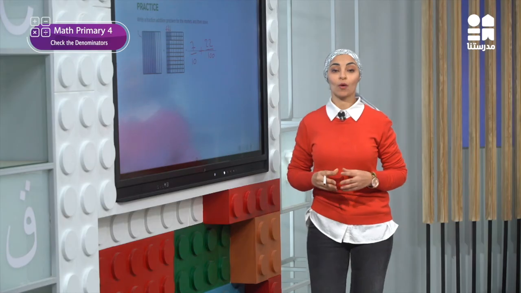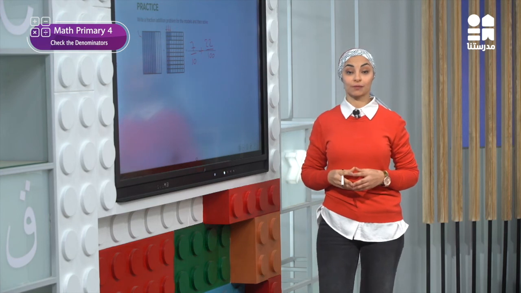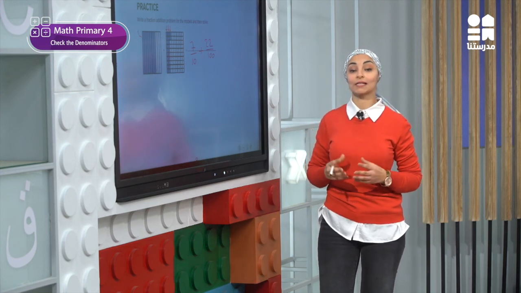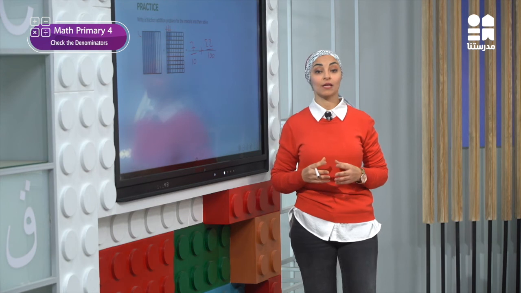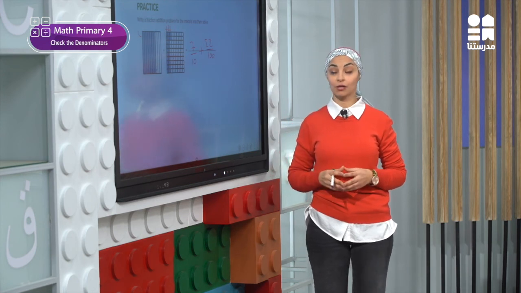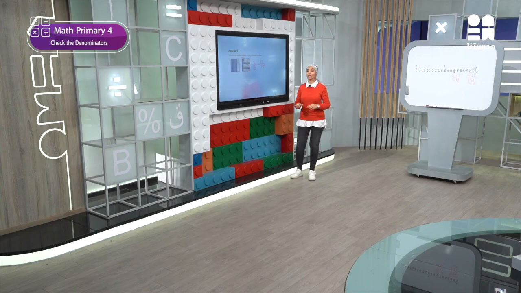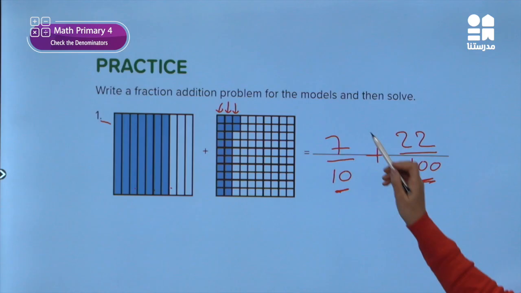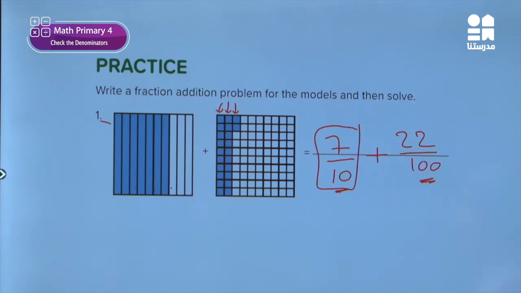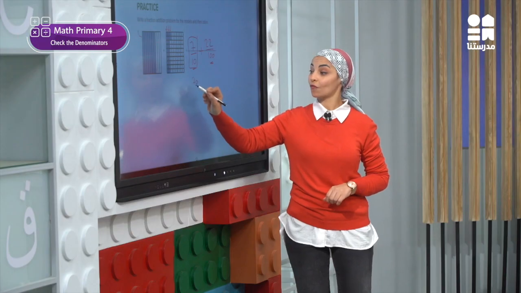Now how can I add these two fractions? Okay, we notice in the denominator, as we can see, they are not like each other. I have denominator 10 and another denominator 100. So we need to find the common denominator. We know that the fraction 7 over 10 is the same as 70 over 100.